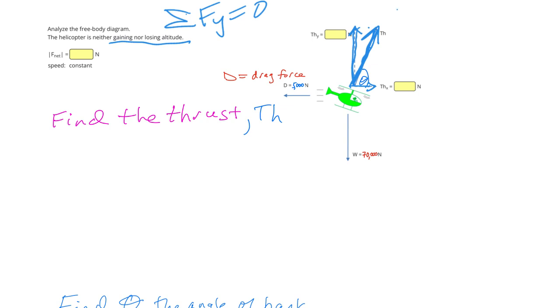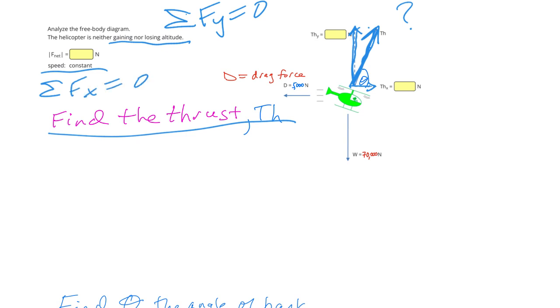So we're supposed to find that, the slanted force. Okay, but the speed is constant. They hide that there. So we can say the net force in the x direction is 0 as well.